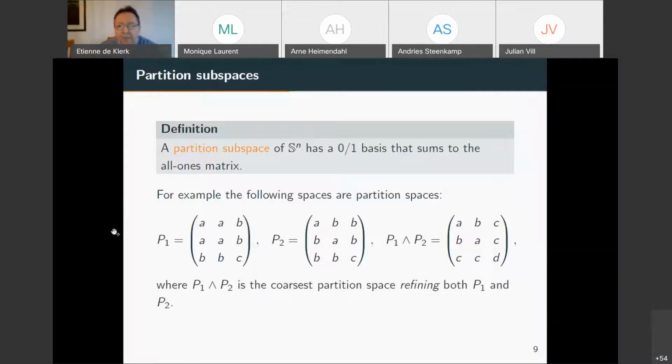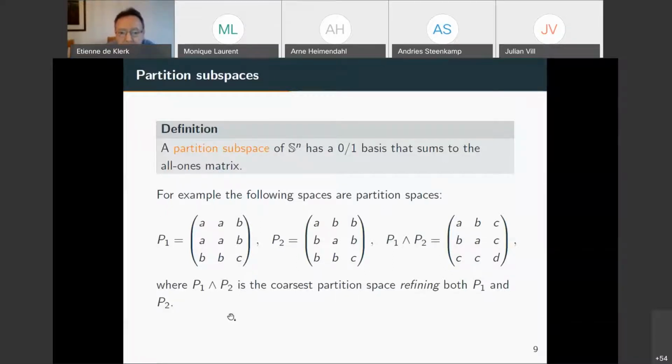Just to give you a simple example, here P1 and P2 denote two partition subspaces for the case n equal to 3. P1 denotes a three-dimensional partition subspace, so we have three basis elements. One has ones here and zeros elsewhere. One has a 1 here, zeros elsewhere, and one has ones where the b's are and zeros elsewhere.